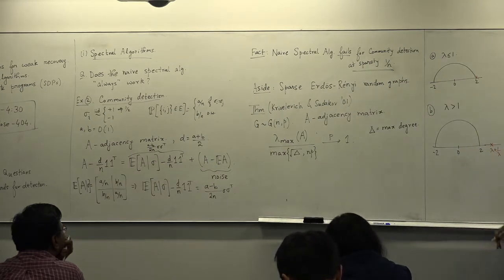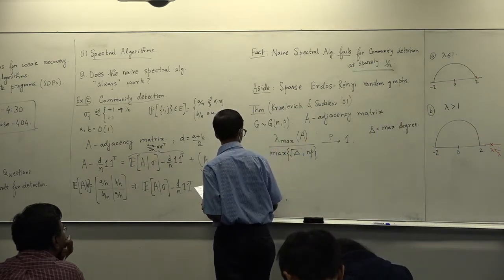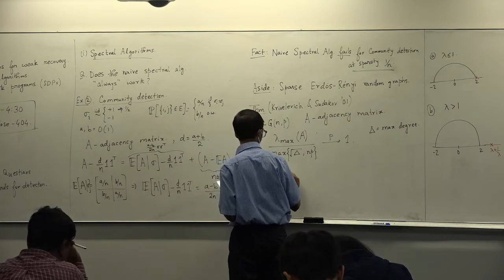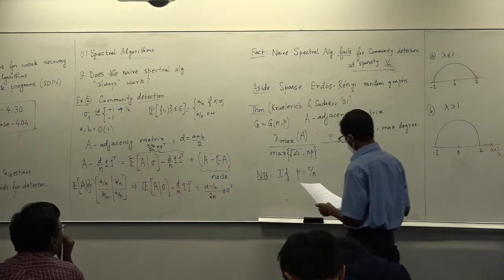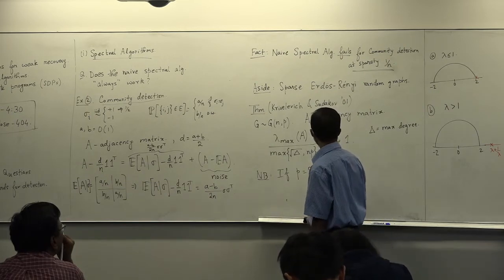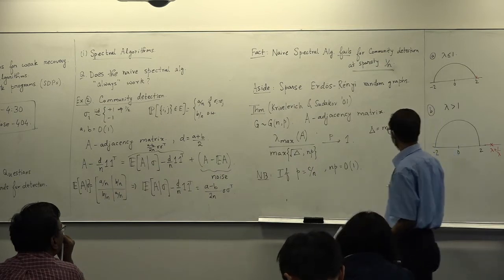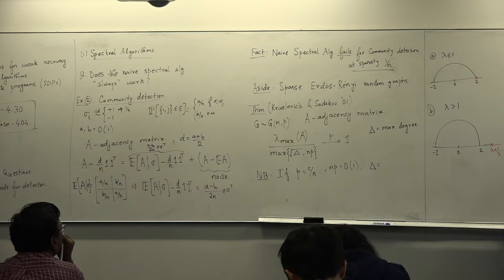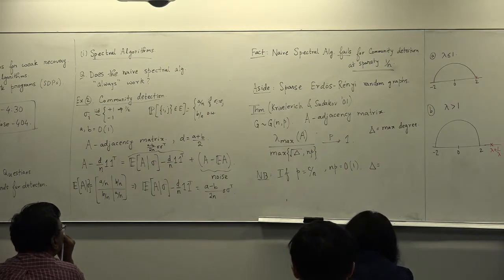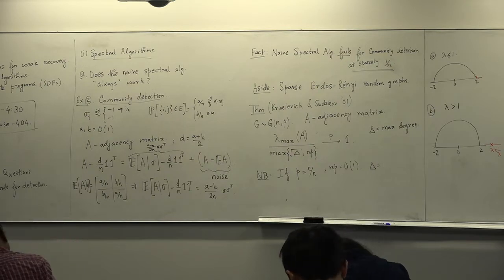And what is true now is that if you are in the sparse regime, so if p is like a constant over n, then of course np is an order 1 object, that's fine. But the maximum degree is much larger, right? Because each degree is effectively like an independent Poisson or binomial, roughly, and you're looking at the maximum of n of them.